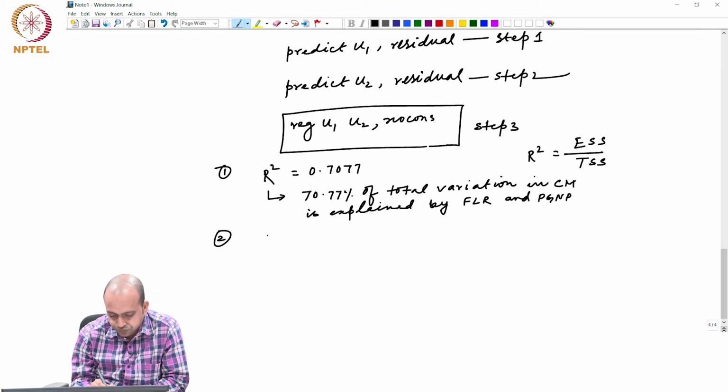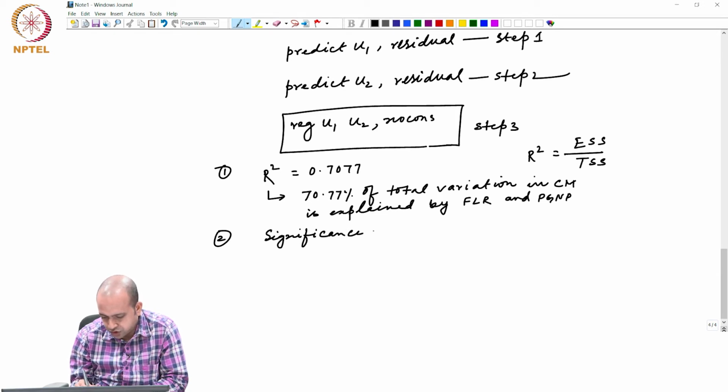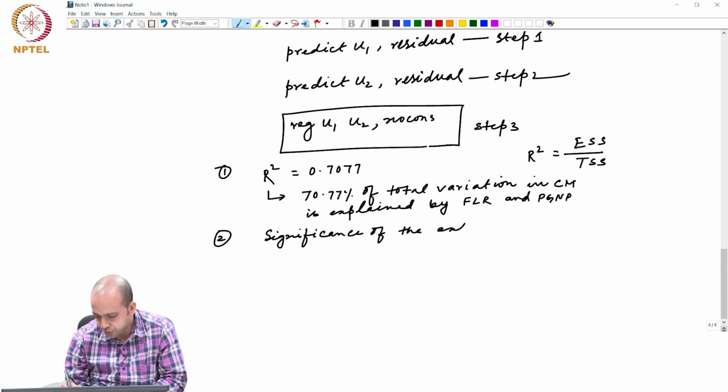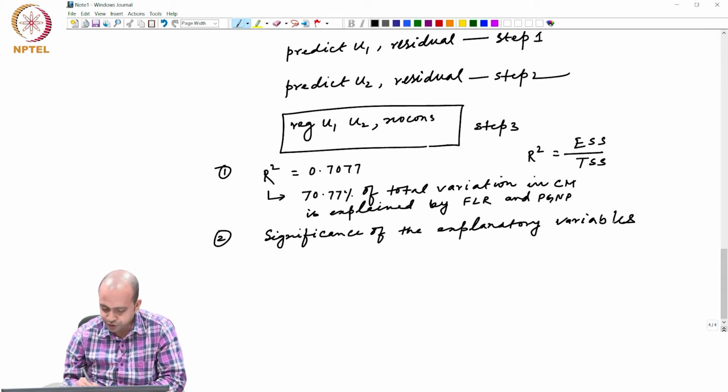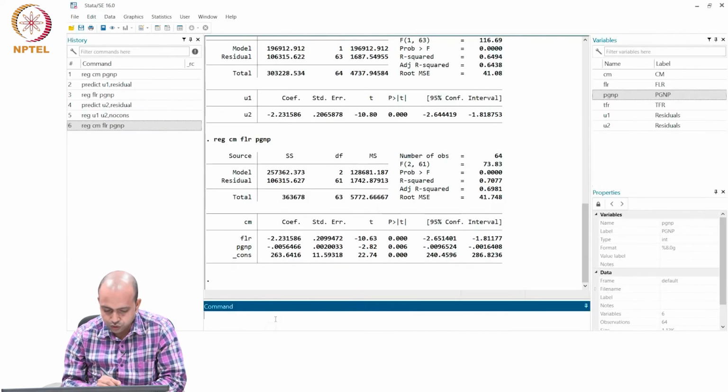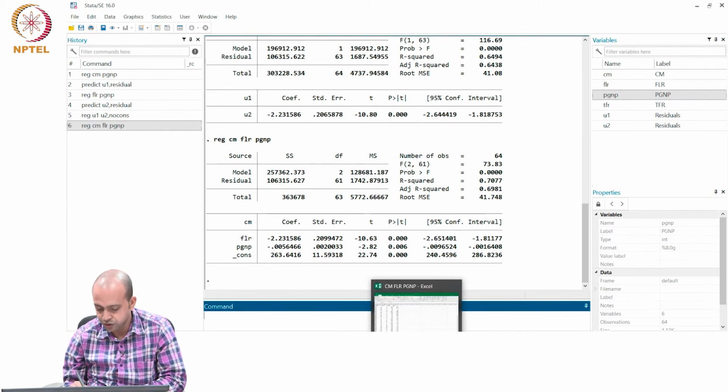Then secondly, the significance of the explanatory variable. How will you check? First of all, FLR. What is the t value?